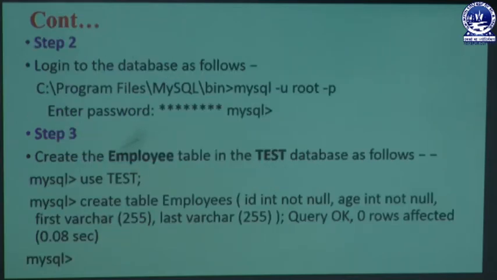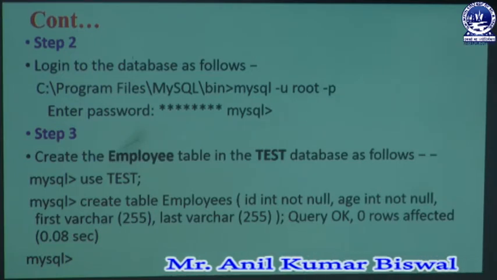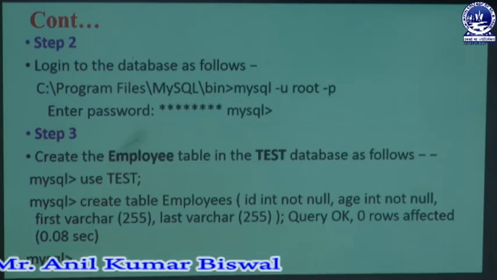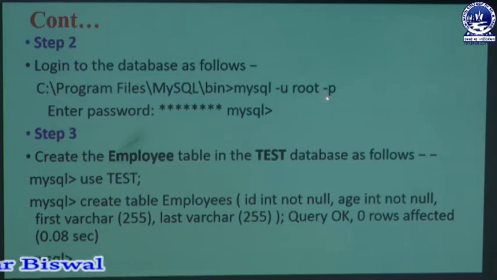First, we can log into the database. Whenever users log into the database, we write mysql, then -u, then root, then -p. Here we are writing the username root, and -p is the option through which we enter our password.